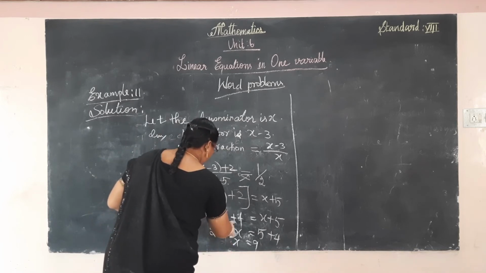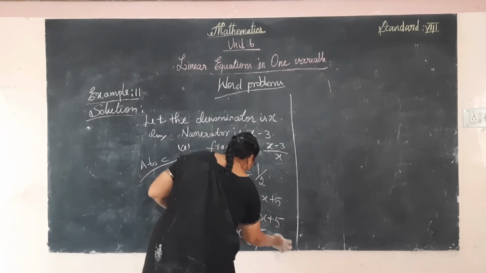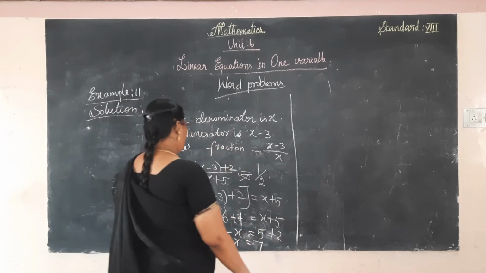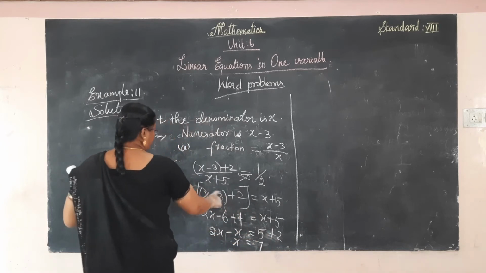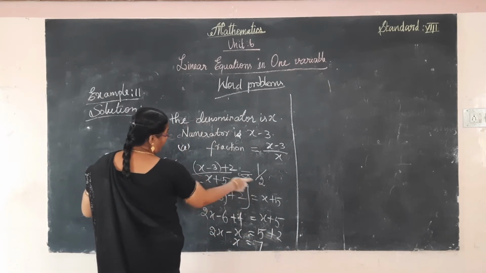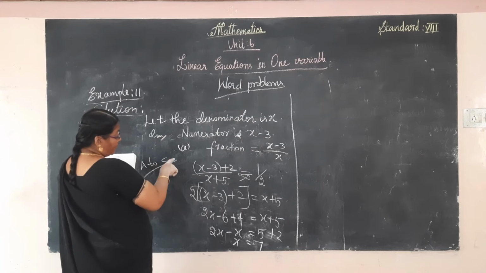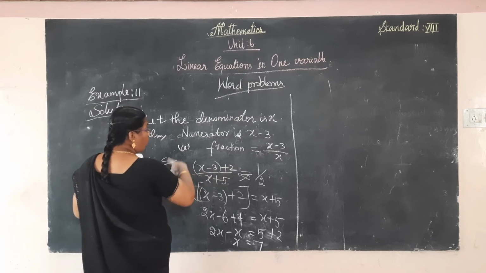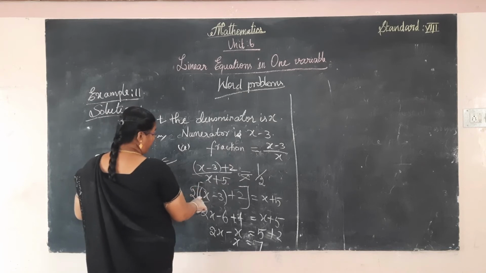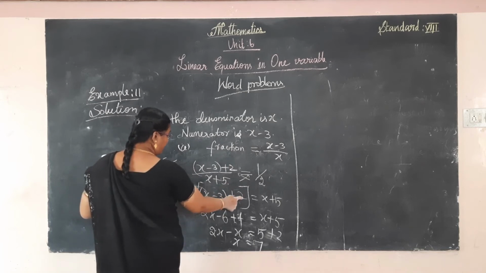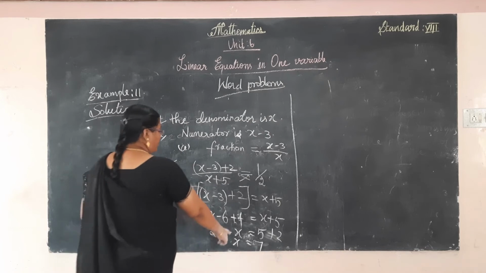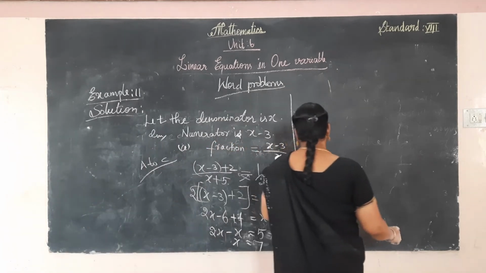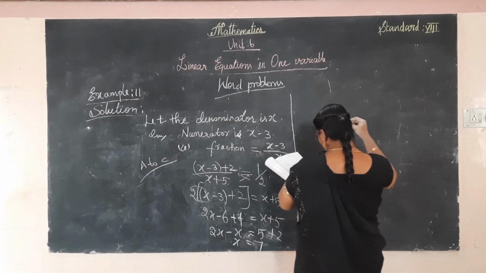Here minus 2 comes to the other side as plus 2. So the answer is 7. The denominator value moves here, and the numerator is the product of this whole value. So 2 is multiplied with the first term, then with this term. 2 twos are 4. Here x is equal to 7.